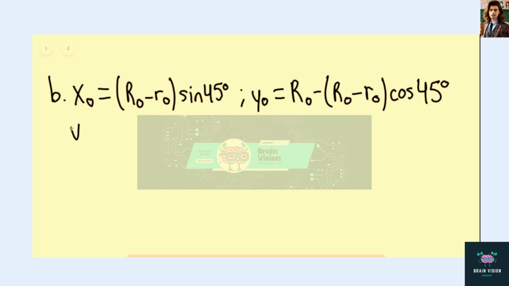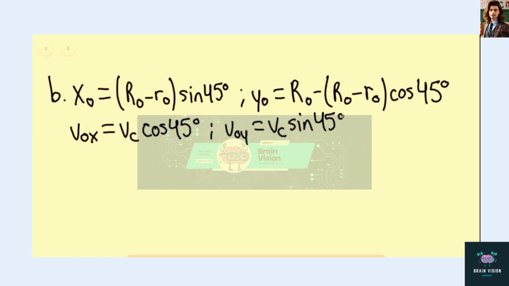We know that the initial velocity in the x direction equals v sub c cosine of 45 degrees, and the initial velocity in the y direction equals v sub c times sine of 45 degrees.